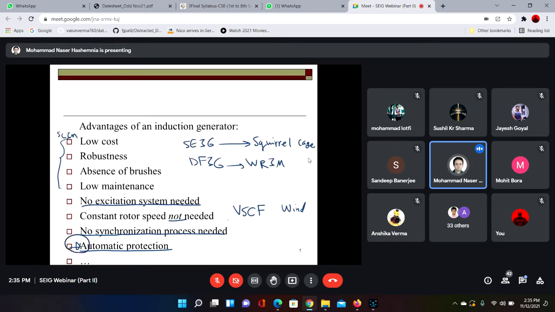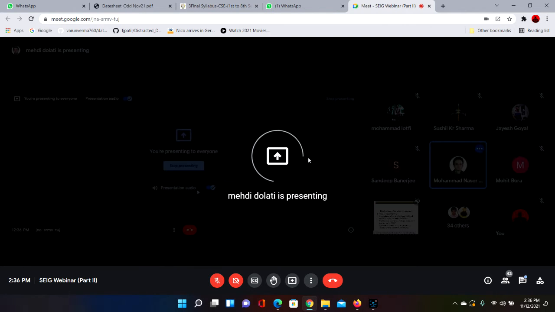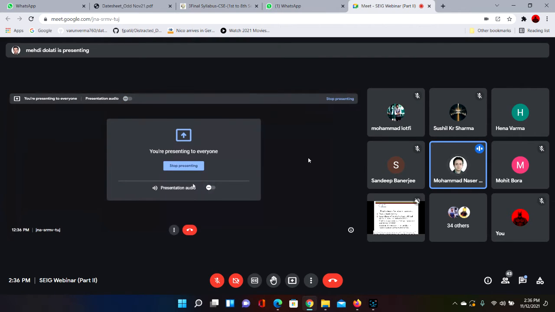The concept was that if you have a three-phase induction generator which is not connected to the grid, and you have here the capacitor banks, which can be connected, of course, in star or in delta, then if you have a short circuit here, what happens?